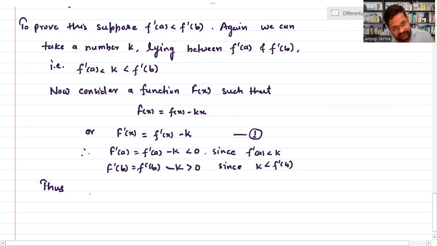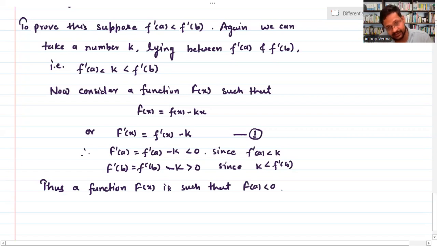Thus we can say a function capital Fx is such that capital F dash a is less than 0 and capital F dash b is greater than 0.